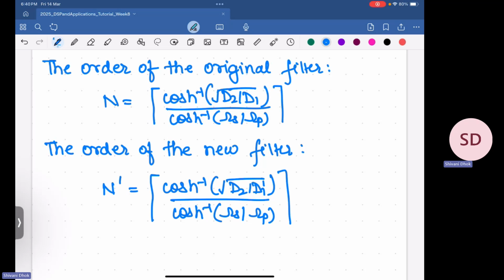The denominator remains same. What is changing is our numerator. And similarly, d2 will remain same because we are not modifying our stop band tolerance.